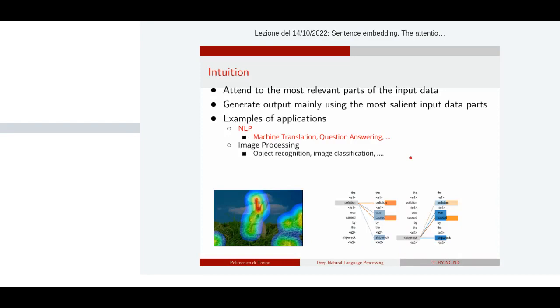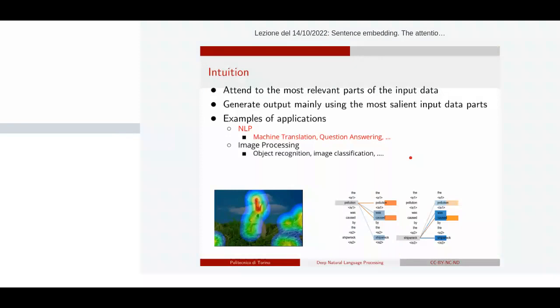So instead of exploring the whole set of content and assuming that all input data are equally important, which is actually not true, you try to find out which are the patterns, which are the features that are most useful to attend to in order to solve the problem we are going to address.